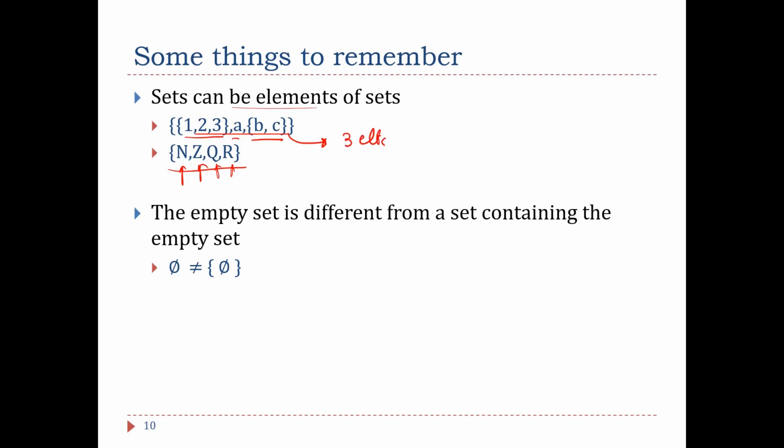The first element is this set here, {1, 2, 3}. This element itself is a set, and it also has size 3. It has the three elements 1, 2 and 3. The second element is just a simple element. It's A.